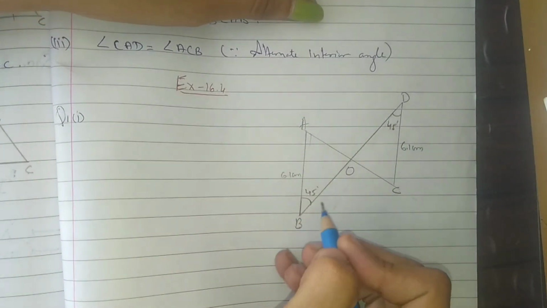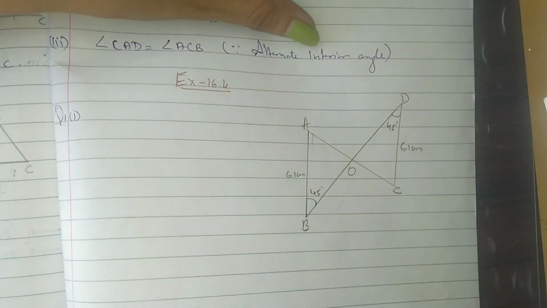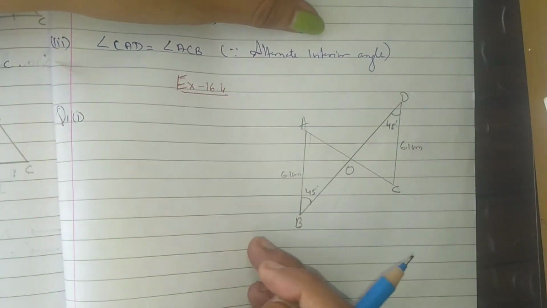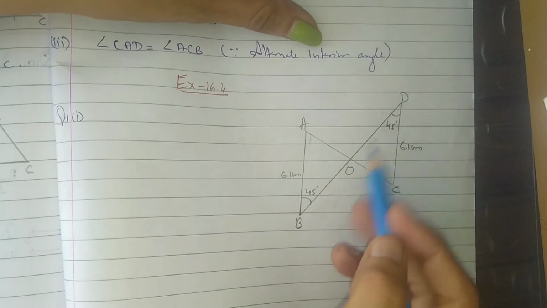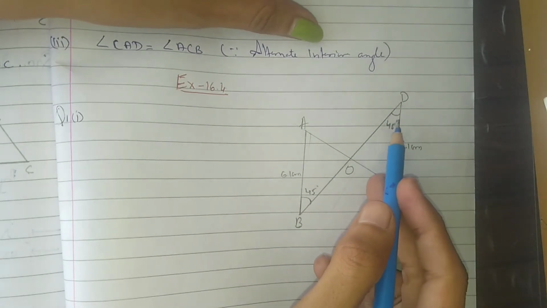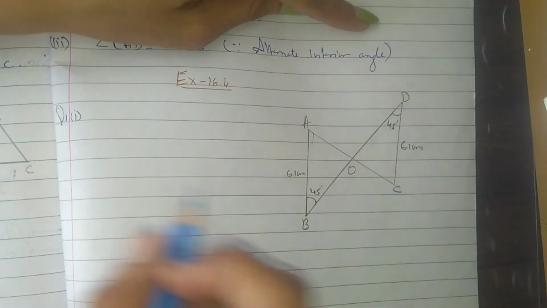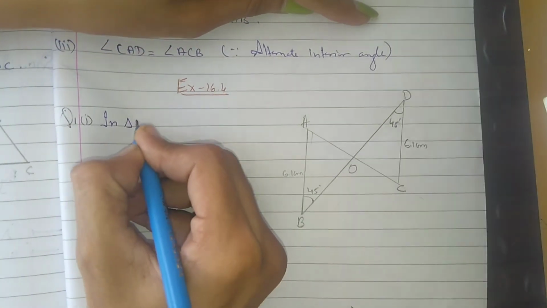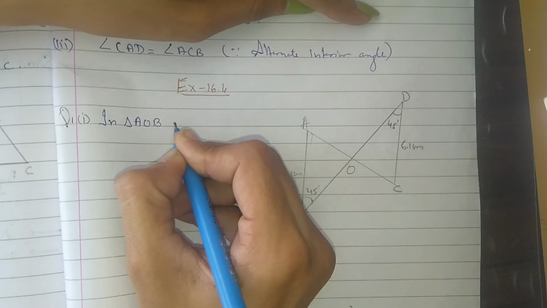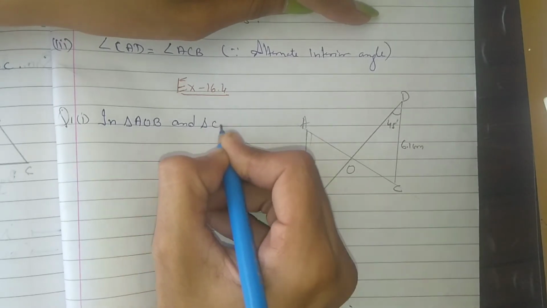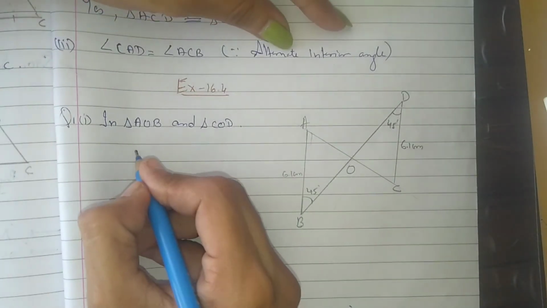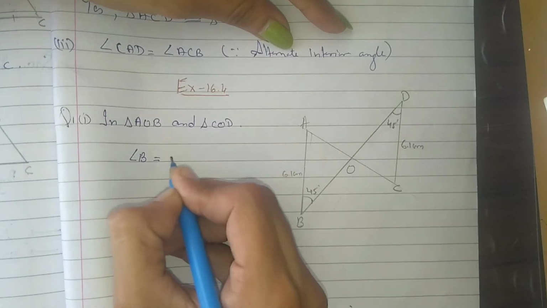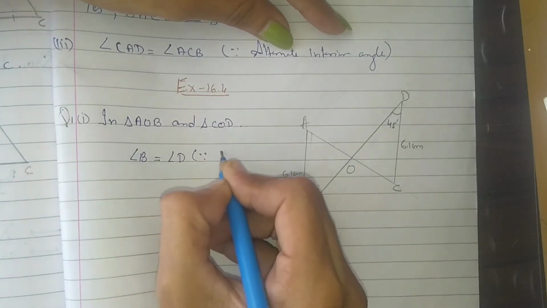Now first of all what we will write: angle A is equal to 45 and angle B equal to angle D because both are 45. So first of all in triangle AOB and triangle COD, angle B is equal to angle D, given.